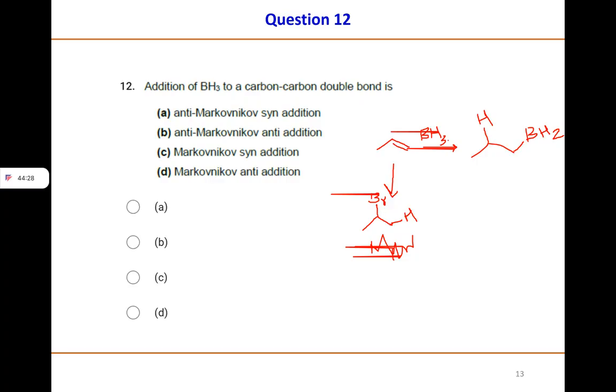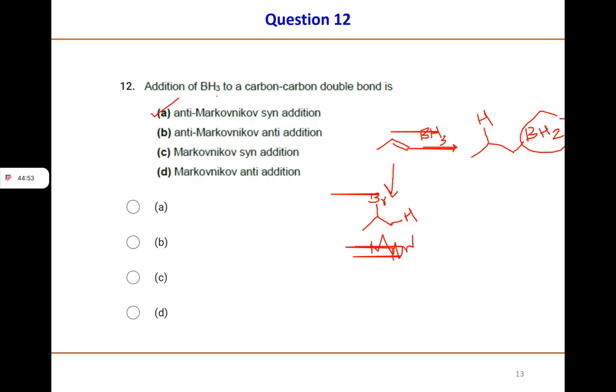Boron in BH3 is the less electronegative atom, that's why it gets added on the terminal carbon according to the rule. And hydrogen is more electronegative than boron, that's why it gets added on the internal carbon.